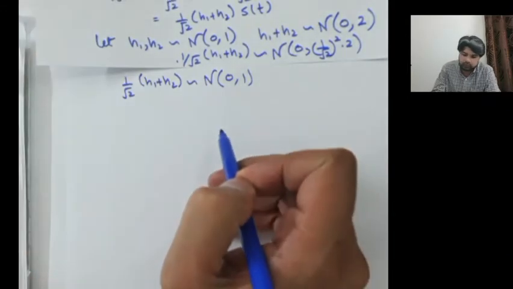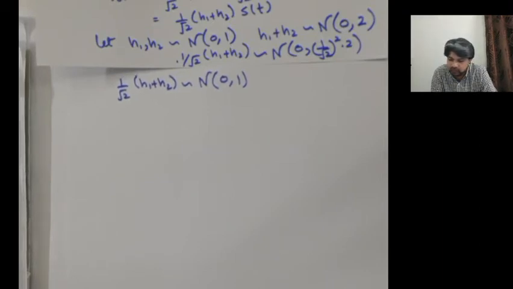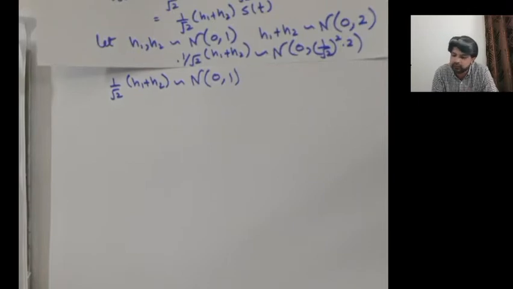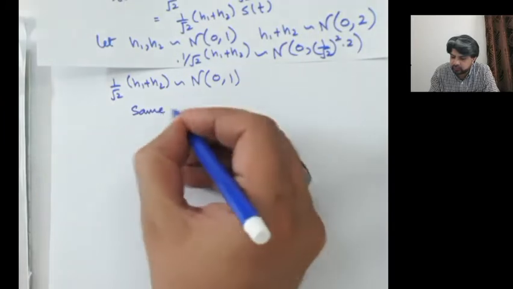So what does that mean? That means that if you do not have channel side information at the transmitting end, the signal that is received has the same distribution as it would have been received by a SISO case. That means if you are not using any multiple antennas. So this means same distribution as SISO.